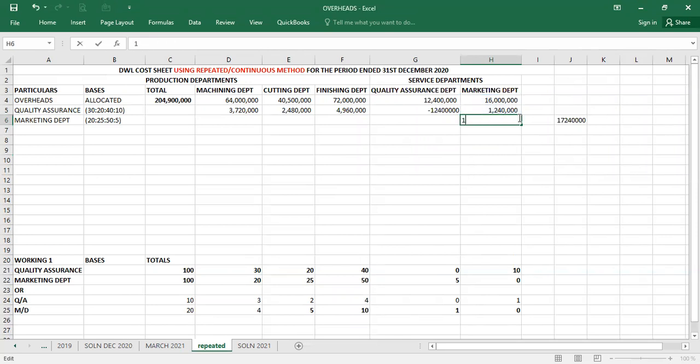But the good thing we've known is that 1,724,000 is the total. It means we sum up these two, so we put it in a bracket. Now it will be able to go into our bracket. It means we are distributing it. That's why it is turning out to be a negative.